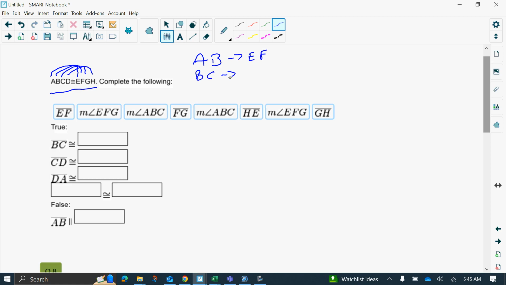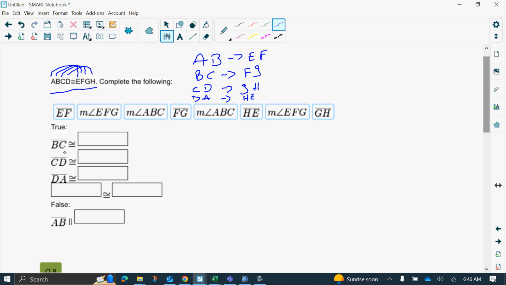BC matches FG. CD matches GH. And DA matches HE. And then the angles match the same as well, so they all have to go in the same order.